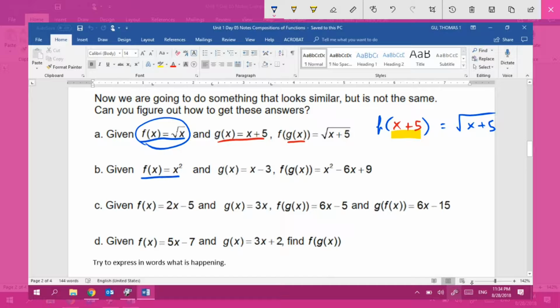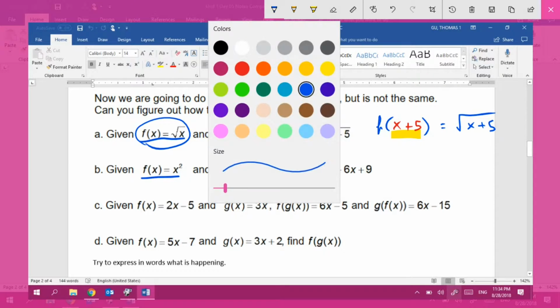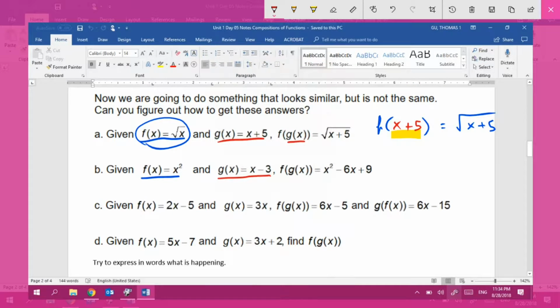Let's look at the next one. F of x equals x squared, and g of x equals x minus 3. So, once again, f of g of x equals x squared minus 6x plus 9. How did I get that? Once again, let's start from the inside. What's on the inside? It's g of x. And what is g of x? It's x minus 3.